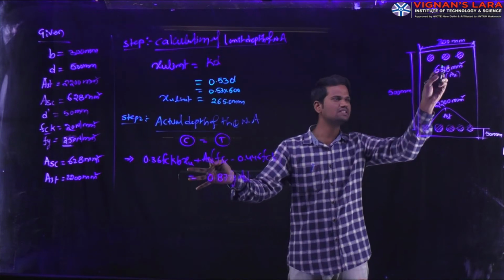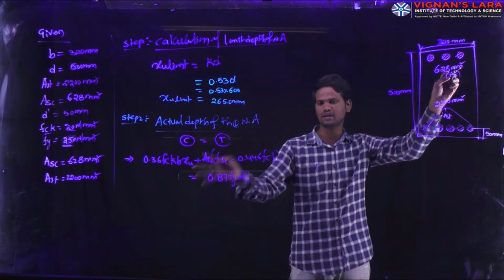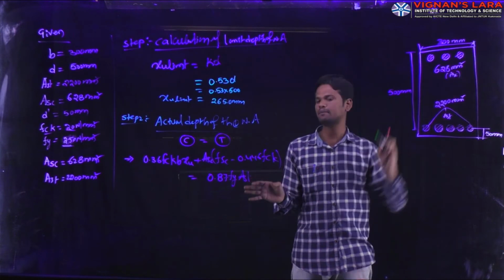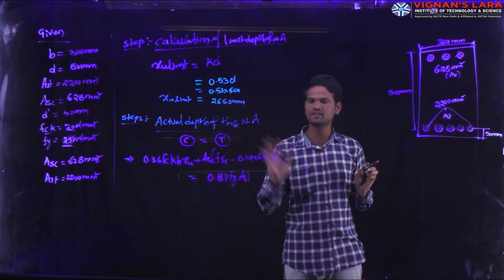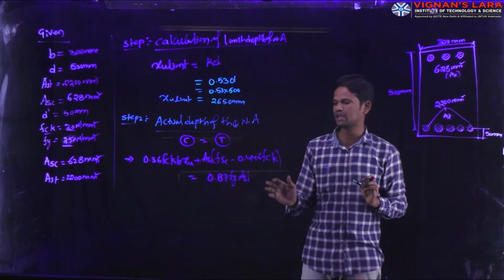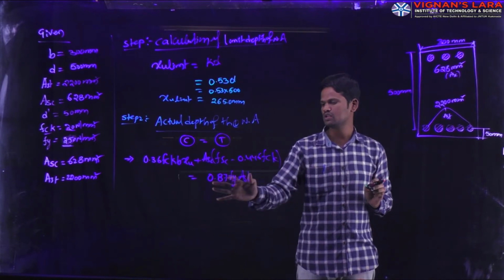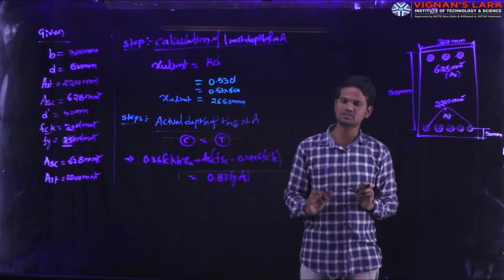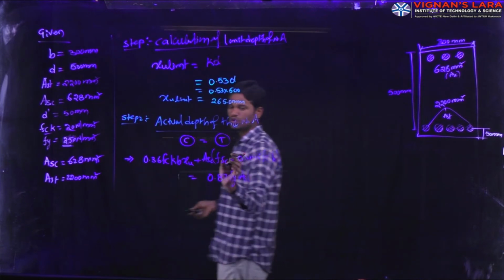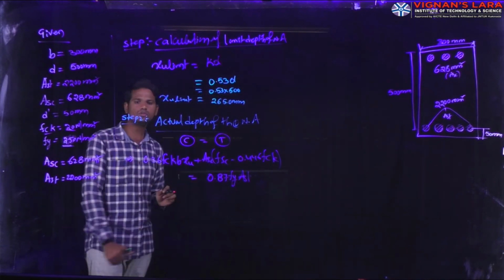The area of steel in compression is given in the problem as 628 mm square, and FSC we don't know. FSC value we have to calculate, whereas FCK, 0.87, Fy and the area of steel, all parameters we know.